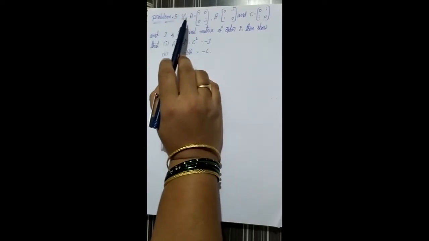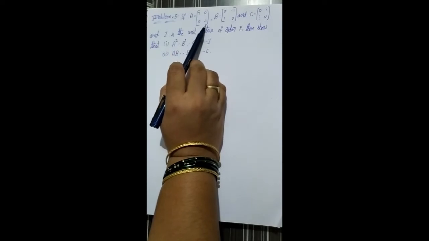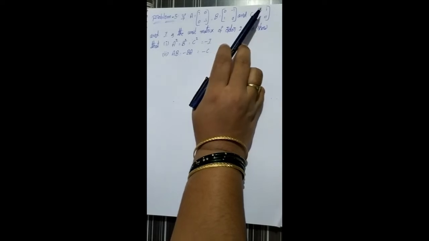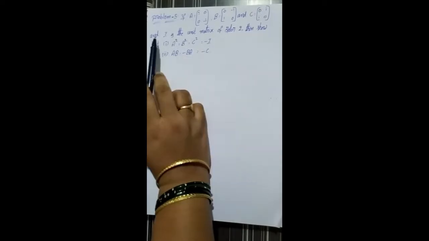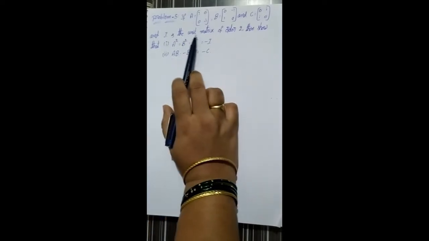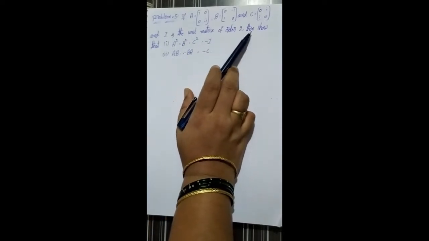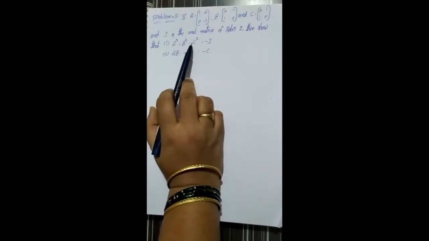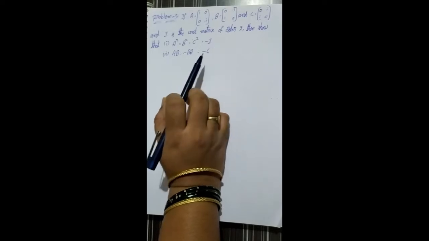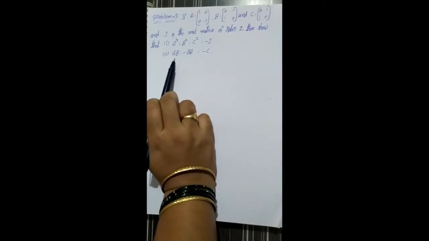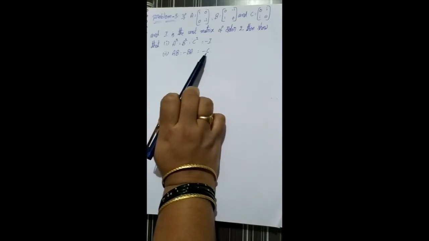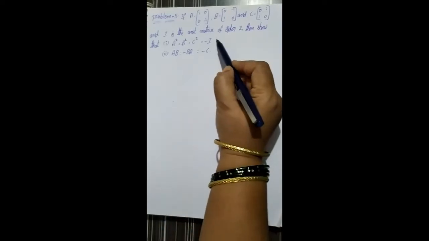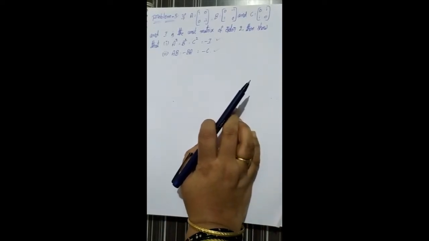The problem is: if A equals [i, 0; 0, -i], B equals [0, -1; 1, 0], and C equals [0, i; i, 0], and capital I is the unit matrix of order 2, then we have to show, first, that A squared equals B squared equals C squared, that is equal to minus I, and second, AB equals minus BA, that is equal to minus C. These two conditions we have to show.